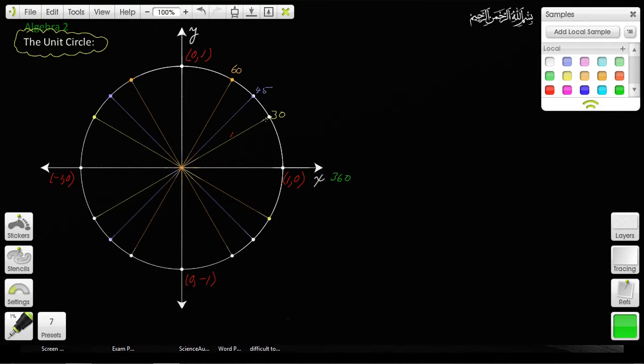Now, from these 30 degrees, 45 degrees, 60 degrees, you can imagine other angles that are going to be reflections, so to speak, across the x and y axis. For example, this 30 degree angle will correspond to this angle over here. Since this is 180 degrees, this would be 180 degrees minus 30 degrees, and that is going to be 150 degrees over here. And this angle over here, which is the reflection, so to speak, of the 60 degree angle, would be 180 degrees minus the 60 degrees, or 120 degrees.